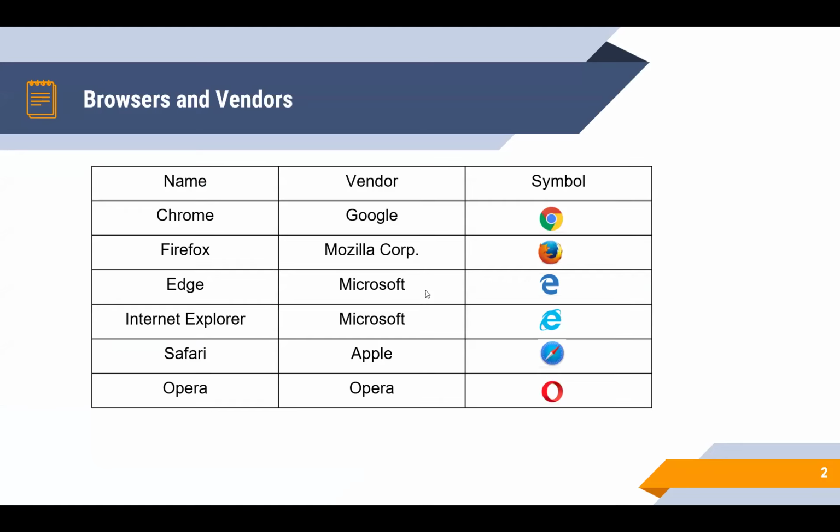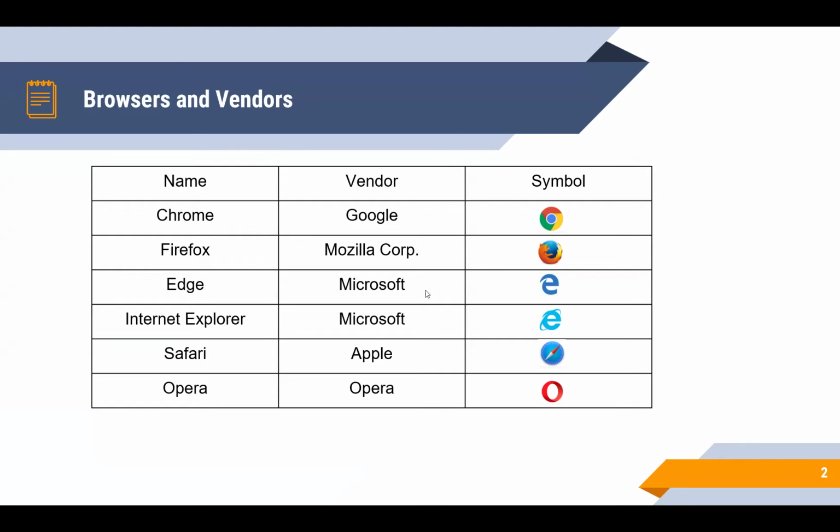Chrome is a browser whose vendor is Google, which means the Google company. The owner of Firefox is the Mozilla Corporation. Edge and Internet Explorer are products of Microsoft.